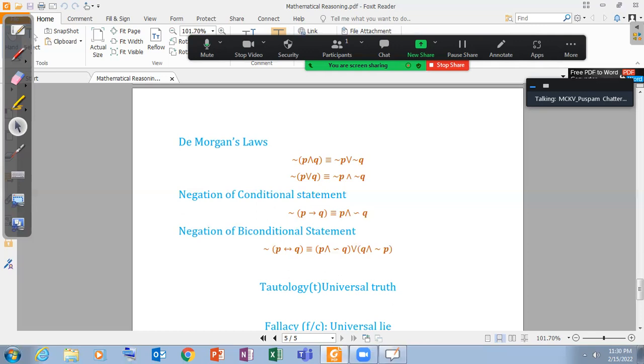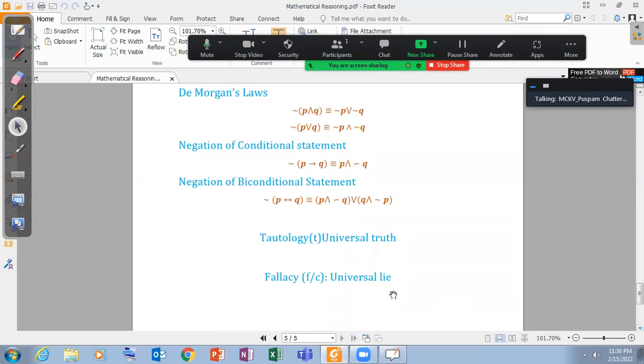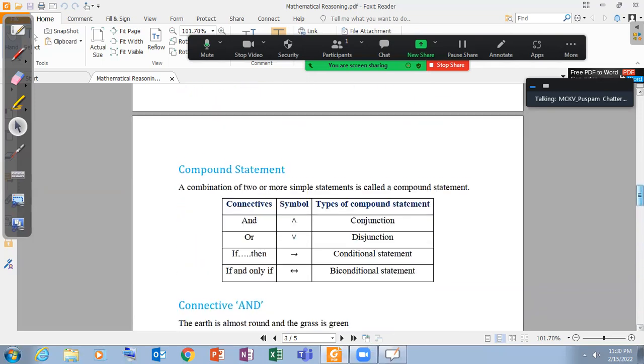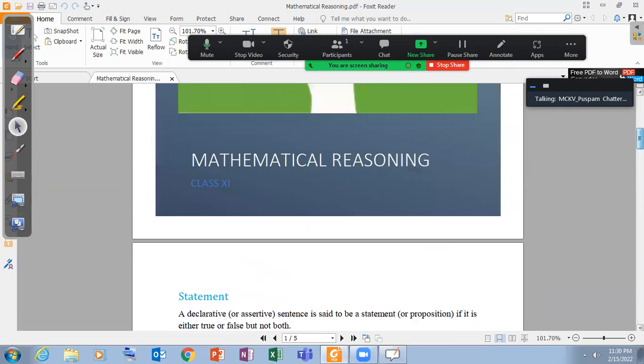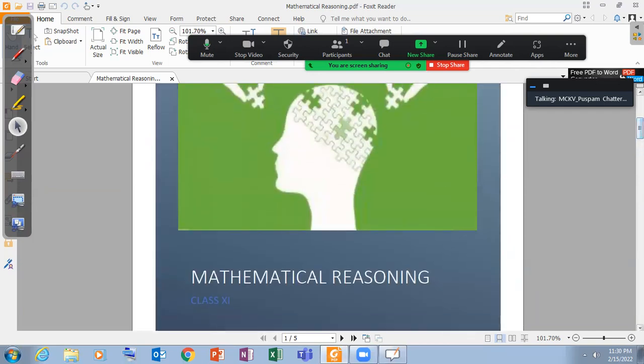And fallacy or contradiction is written F. Fallacy or contradiction is universal lie, that is all of them are F, F, F, F, F. So these are the basic terms associated with the chapter mathematical reasoning.